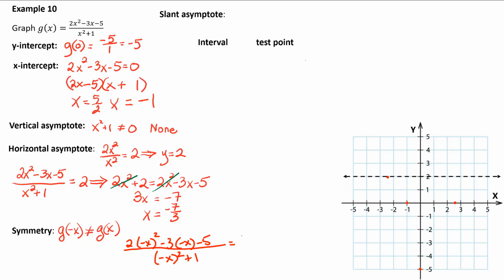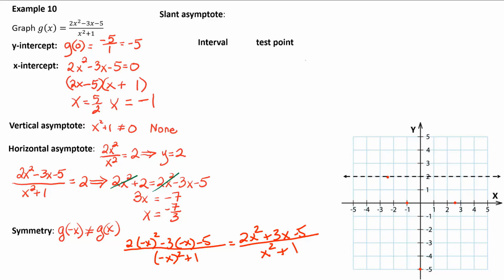And so that's going to be 2x squared plus 3x minus 5 over x squared plus 1. And so you can see that that does not equal g of x. It's not the same as g of x, and it's not the opposite of g of x. So that means that it doesn't have symmetry about the y-axis, and it doesn't have symmetry about the origin.